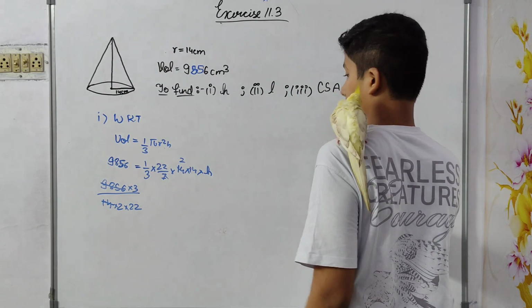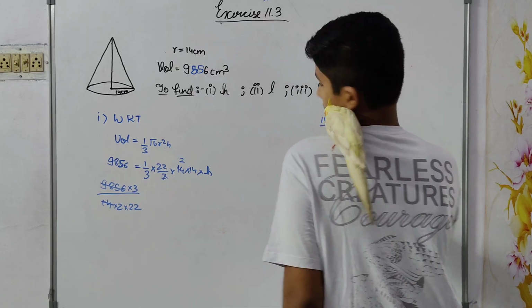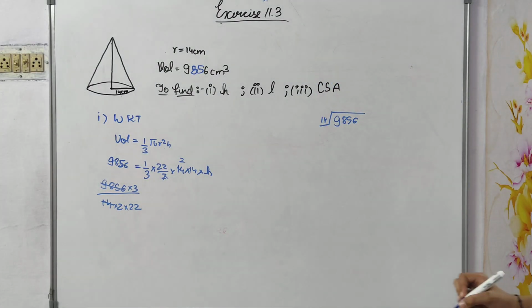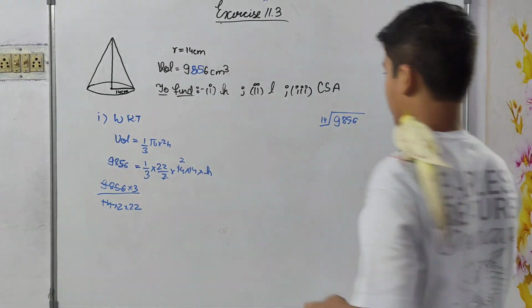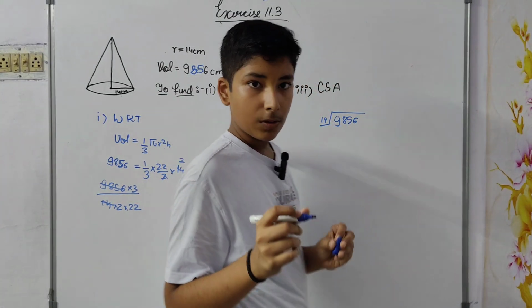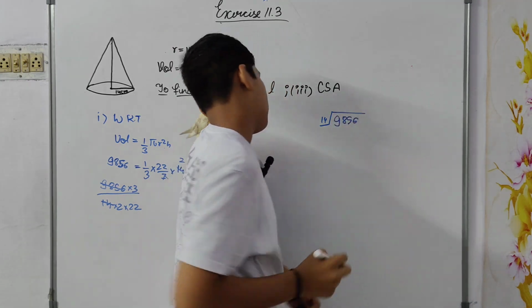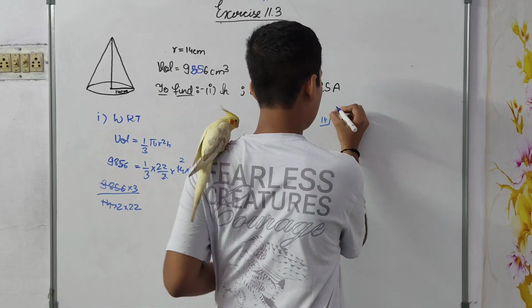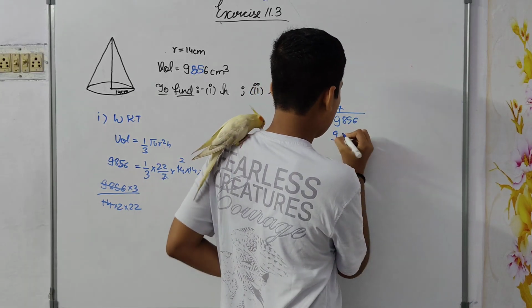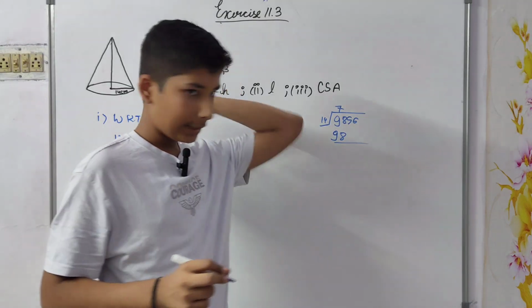Okay, so 9856 14. 14 5s are 70. Okay, 14 6 times we will have to do. 70, 84. Okay, 14 7s are 98.